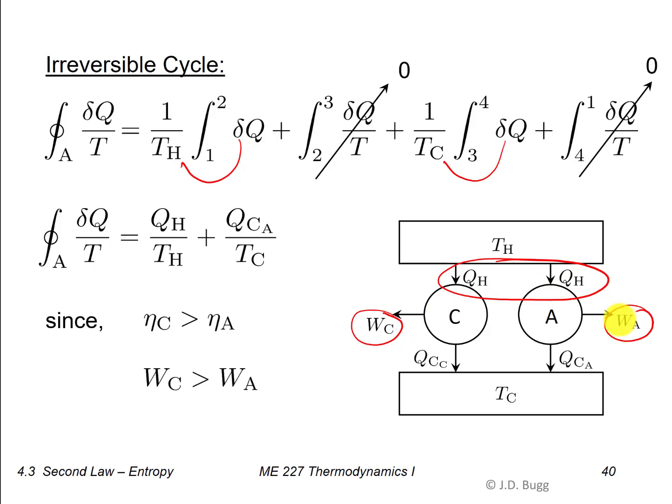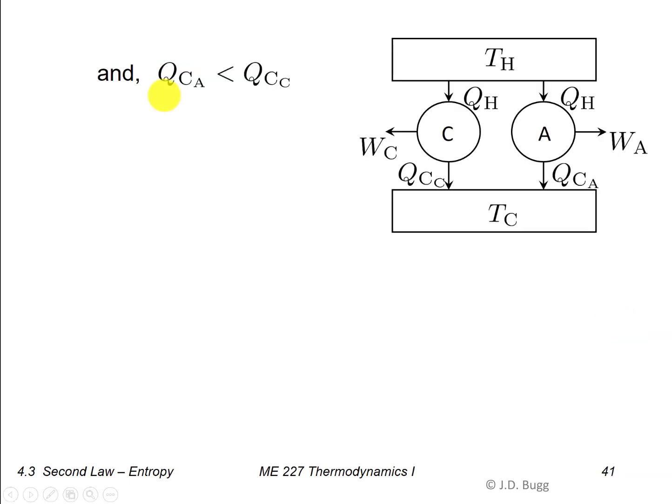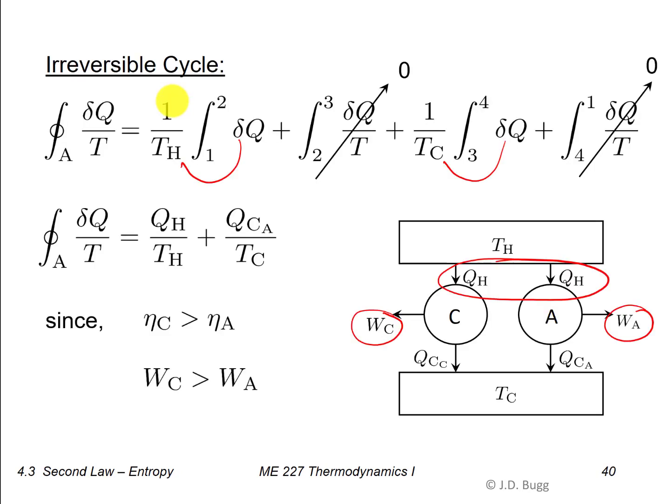That also means that the heat rejected for cycle A, so QC of A, is going to be less than QC of C.